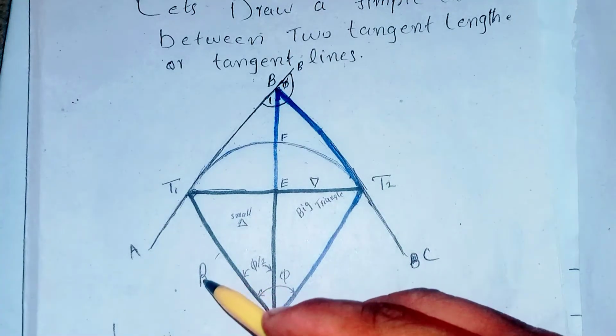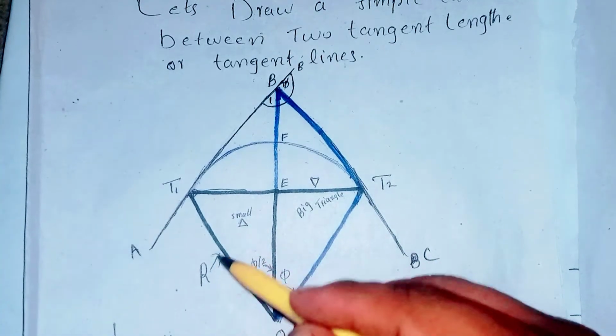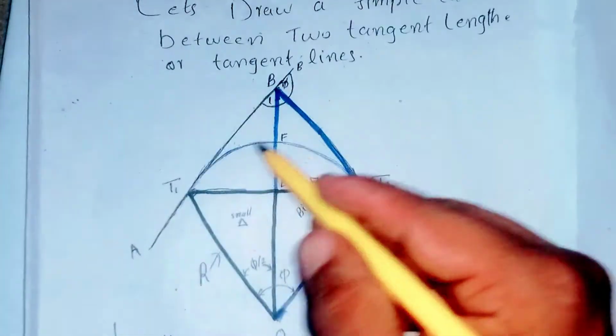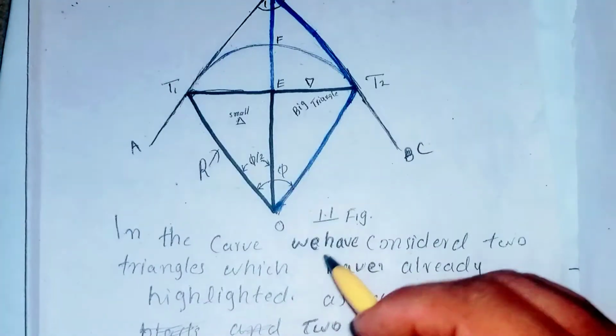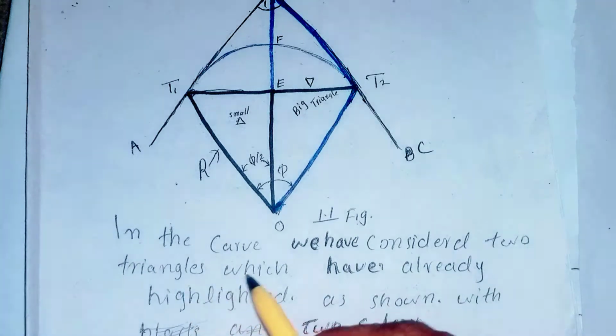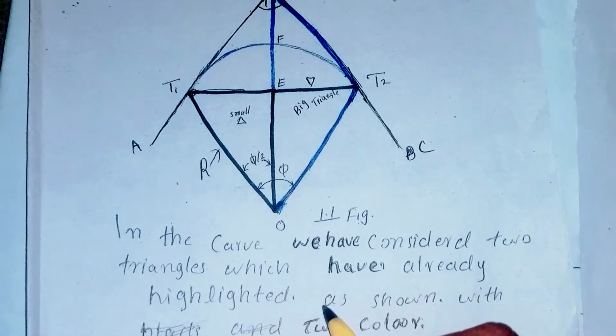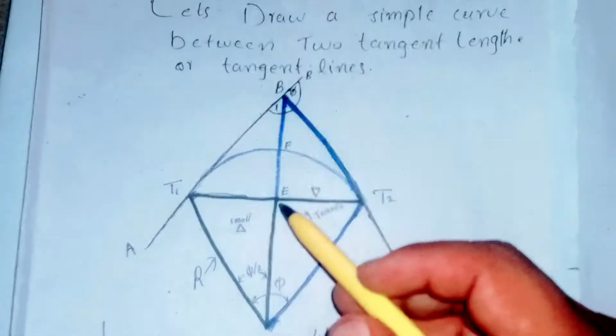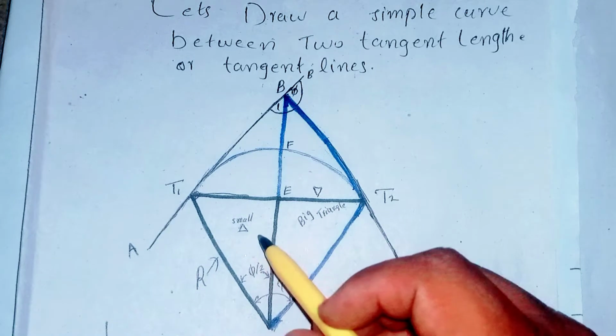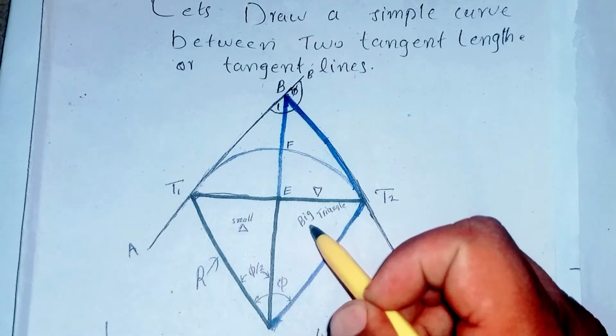You can see here these are the radius of the simple circular curve, and this is the length of the simple curve. In the curve layout, we have considered two triangles, which have been highlighted with two colors. One is a small triangle and the other is a big triangle.